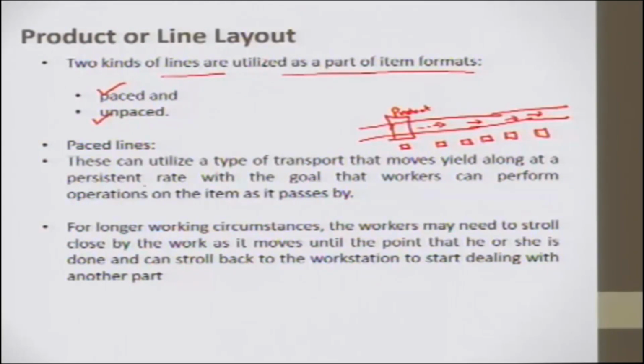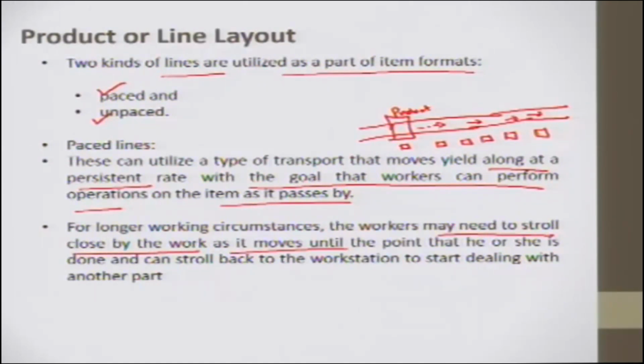This can utilize the type of transport that moves output along at a persistent rate so that workers can perform operations on the item as it passes by. For longer operations, the worker may need to stroll close to the work as it moves until he or she is done.